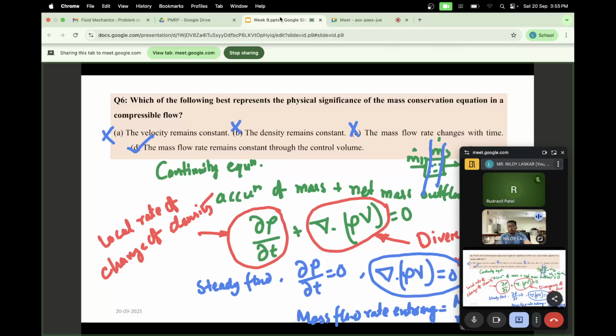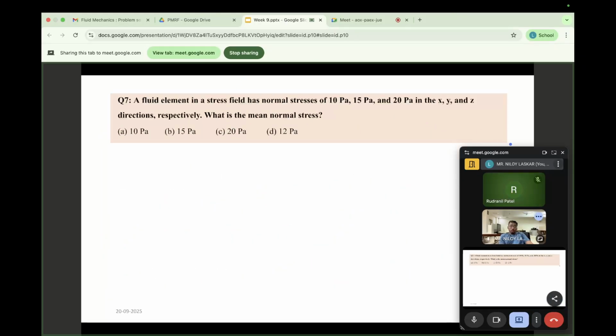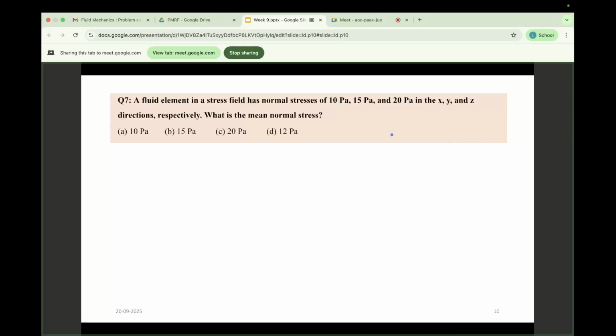Okay, I am moving to this next question. So here, a fluid element in a stress field having a normal stress is given. So what is the mean normal stress? It's a very simple question. I hope that you can easily answer it in 1 minute.